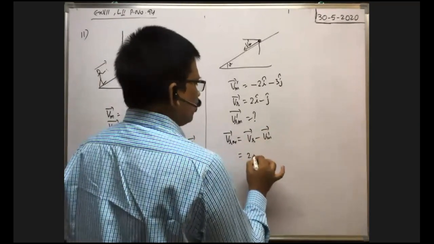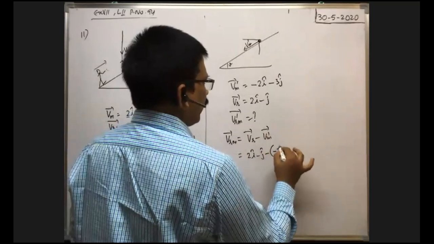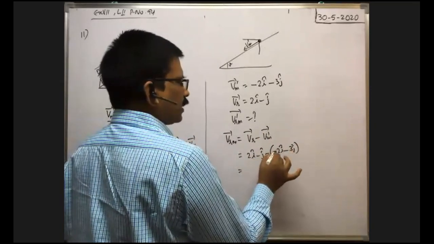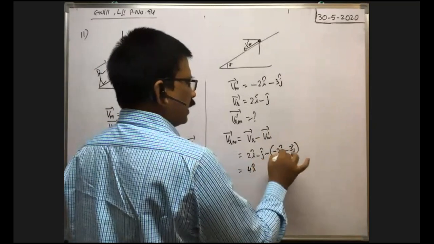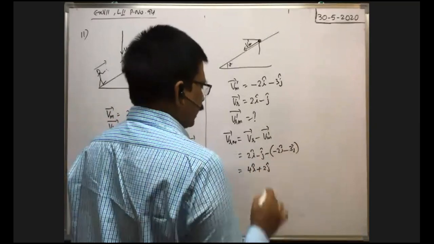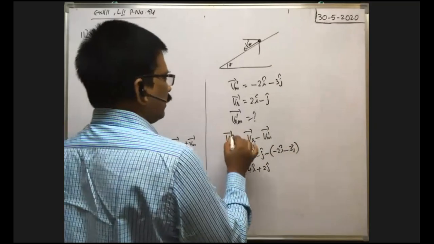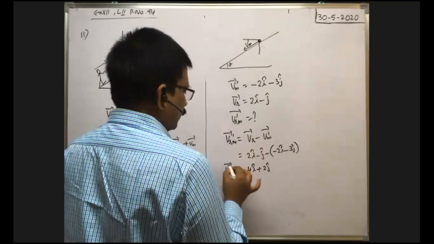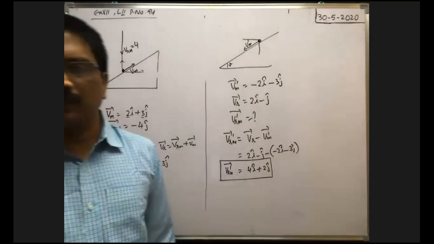Vr bar means 2i cap minus j cap, and minus of Vm dash bar means plus 2i cap plus 3j cap. So 2i cap plus 2i cap means 4i cap, and minus j cap plus 3j cap means plus 2j cap. 4i cap plus 2j cap is the velocity of the rain with respect to the man in the second case. So Vrm dash bar is equal to this. In this way, we have to do option A.